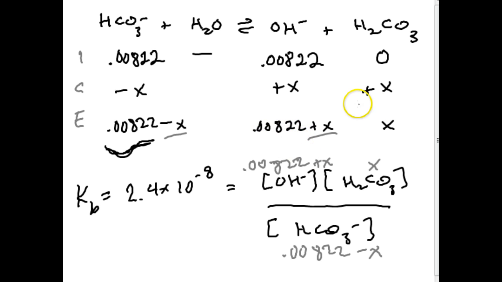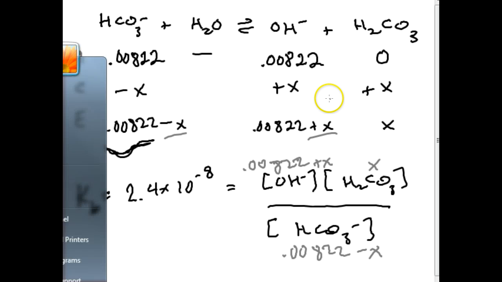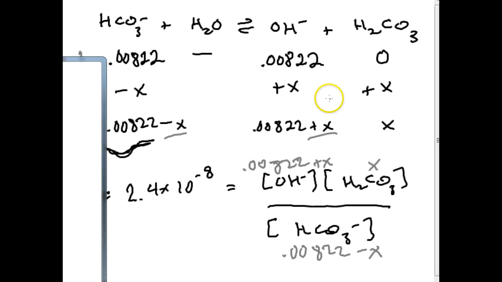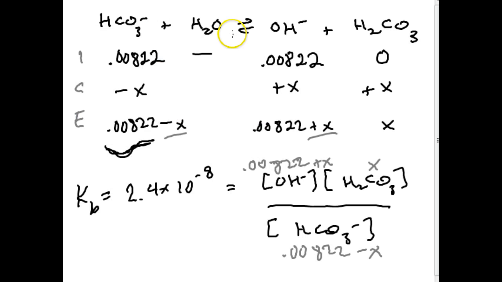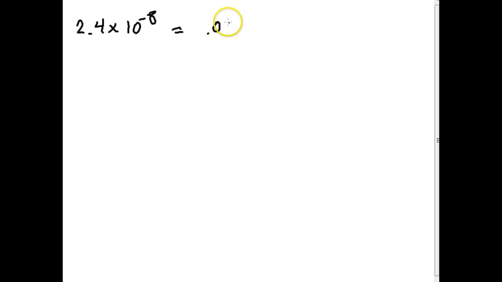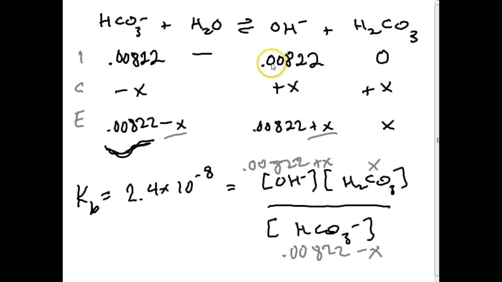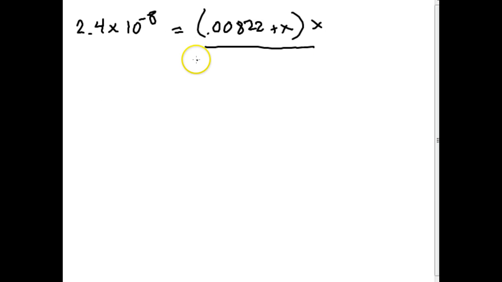Okay. Now I need a new page to get some more room. So the number was 2.4 times 10 to the minus 8. The numbers up here were 0.00822 plus x times x over 0.00822 minus x.